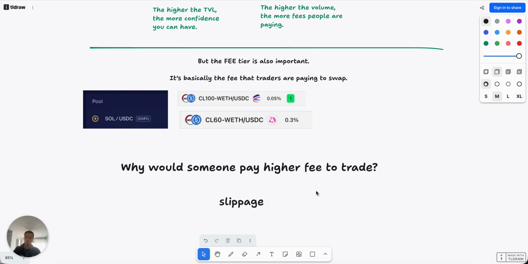So when you have a small fee tier pool, meaning that a lot of people are constantly trading that pool, right? The slippage is a really important thing, because on centralized exchanges, when you have really tight and strong order books, this is not that much of a problem, right?